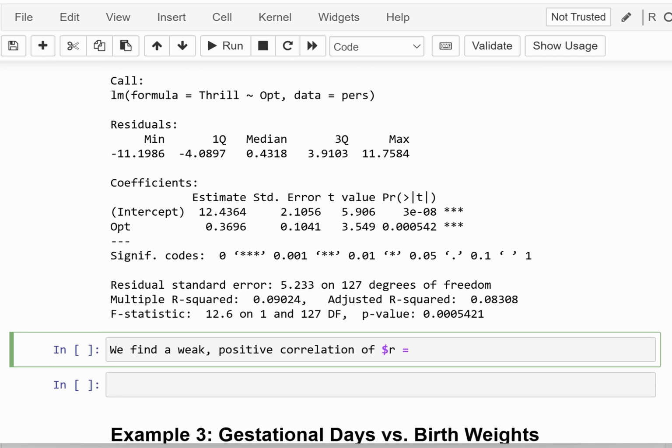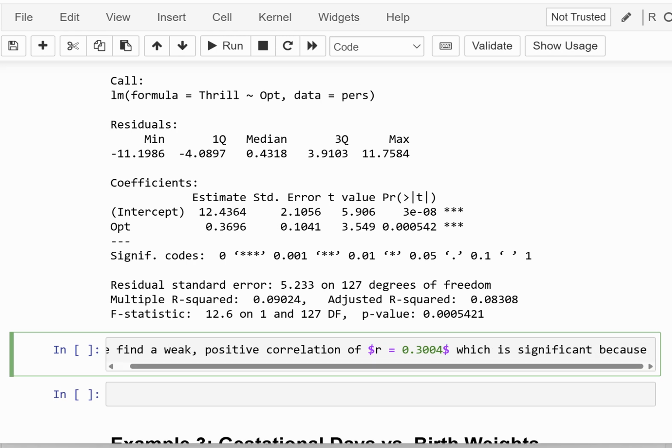We find a weak positive correlation, which is significant because of the p-value.